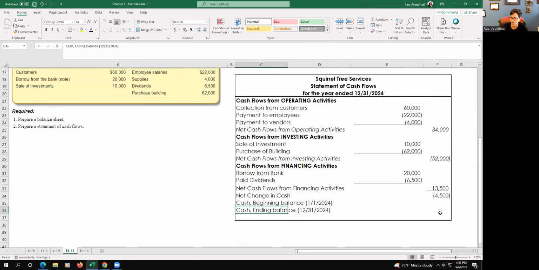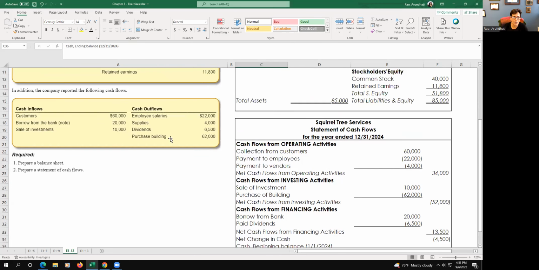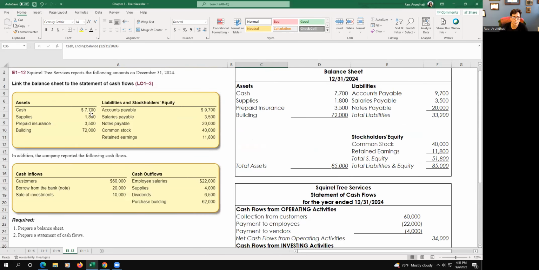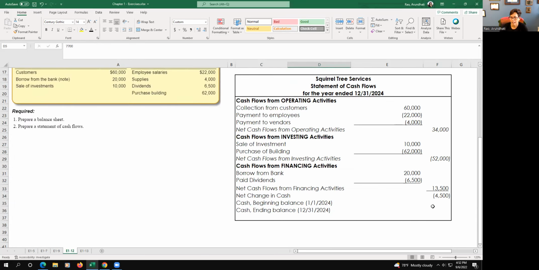That is not the cash ending balance. The cash ending balance is 7,700. I got that from the balance sheet. This number, cash ending balance, as of December 31st, 2024, is 7,700.